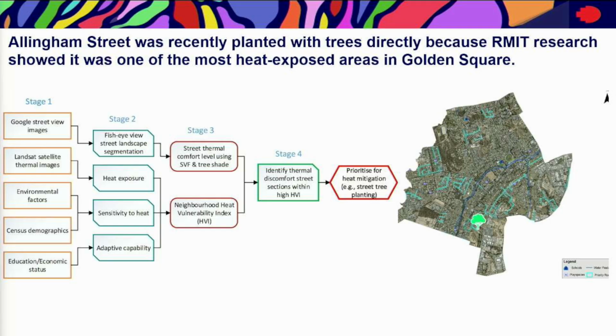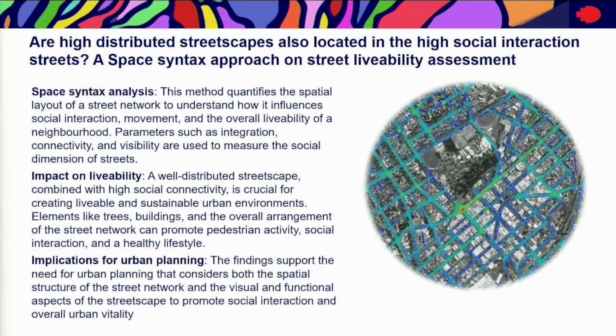The findings of this work have been adopted by the local council to plant trees along the street. For example, this one is close to a school. We used street view imagery to identify streets less covered by trees, and they need to plant more trees to improve thermal comfort and facilitate active travel.